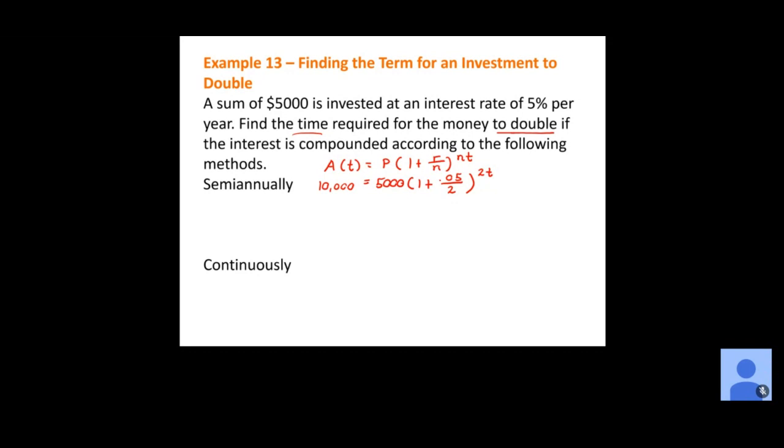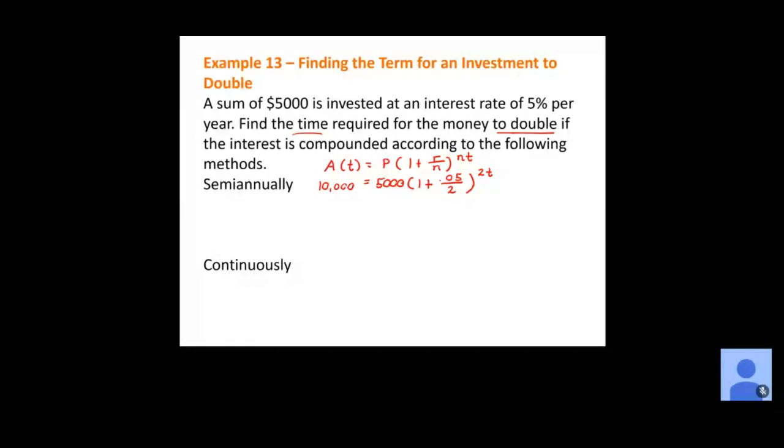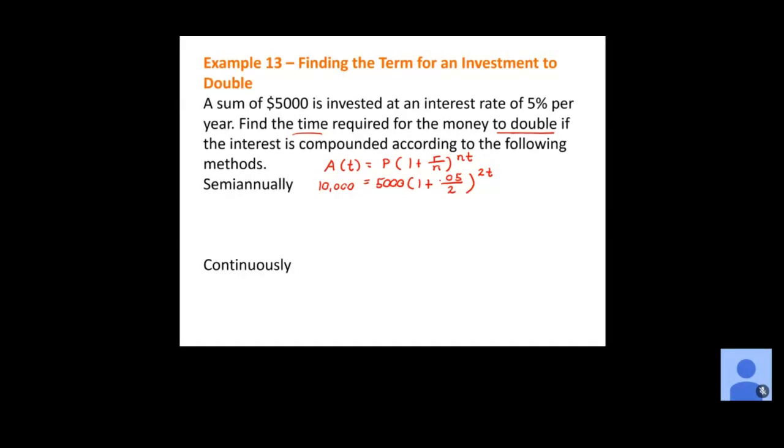So now we've got numbers in place of everything except for t. We need to solve for time. What would we have to do first here if we're trying to get t by itself? Good.